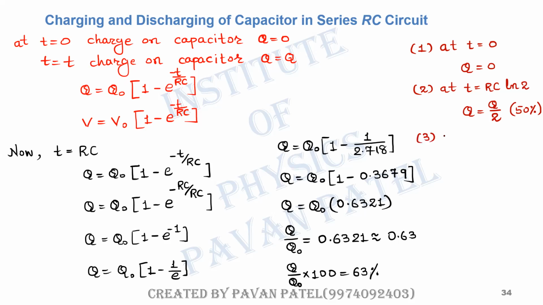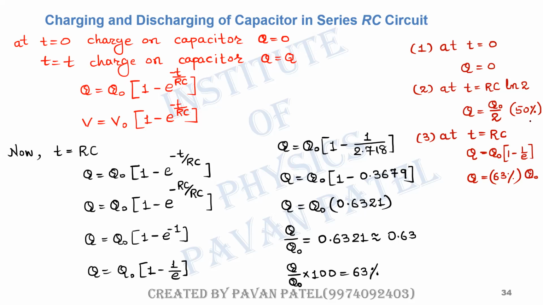Third point: at time t equals RC, q is equal to q0 (1 minus 1 upon e), and q is equal to 63 percent of q0.